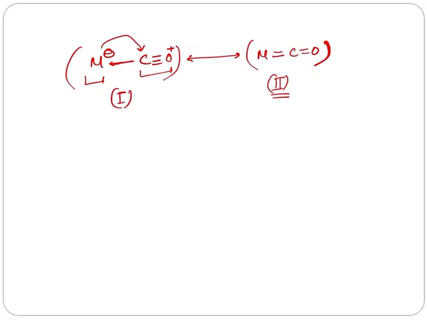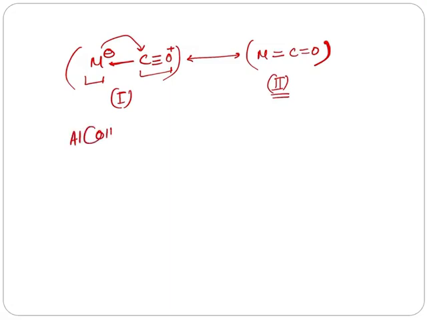So here, by the electroneutrality principle, we can demonstrate which resonance structure is more stable and which one is less stable. Now we can take another example, where the electroneutrality principle demonstrates the stability.